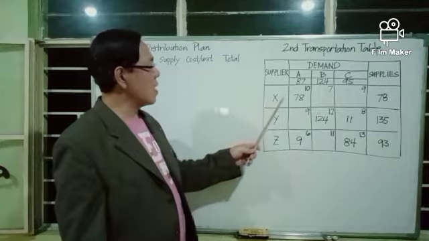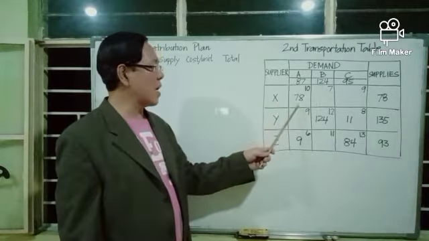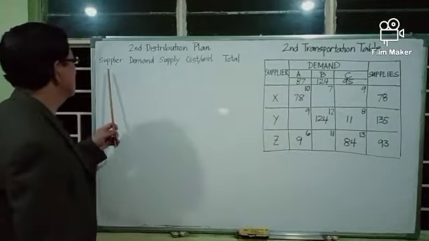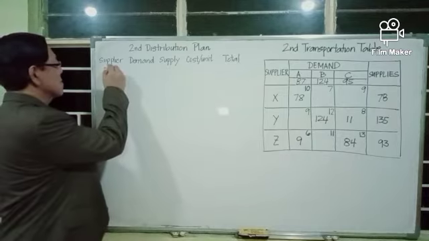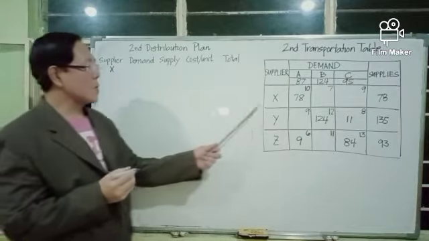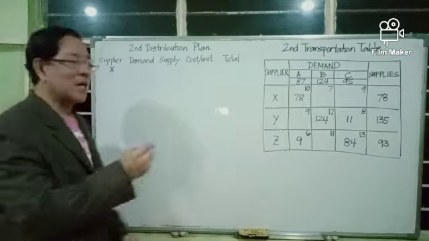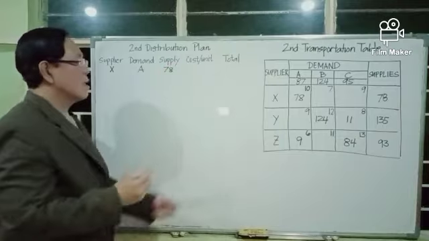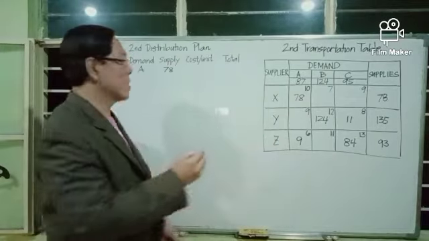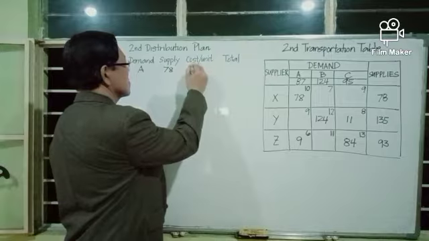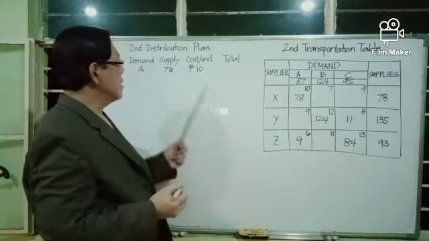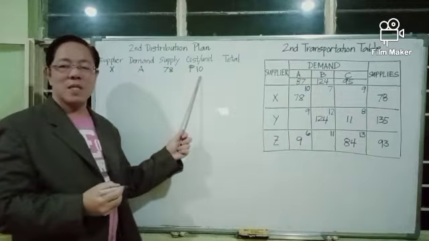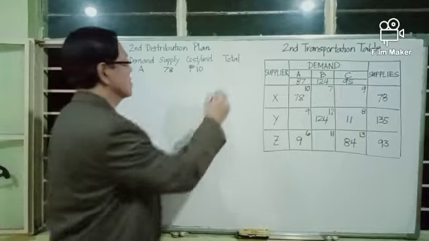We start with this occupied cell. From supplier X to customer A, we supply 78 units at 10 pesos per unit. And the total cost of transferring 78 units at 10 pesos per unit is 780 pesos.